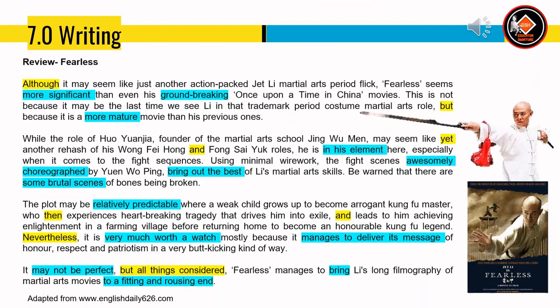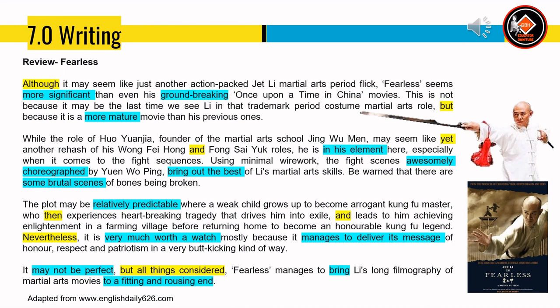Review: Fearless. Although it may seem like just another action-packed Jet Li martial arts period flick, Fearless seems more significant than even his groundbreaking Once Upon a Time in China movies. This is not because it may be the last time we see Li in that trademark period costume martial arts role, but because it is a more mature movie than his previous ones.